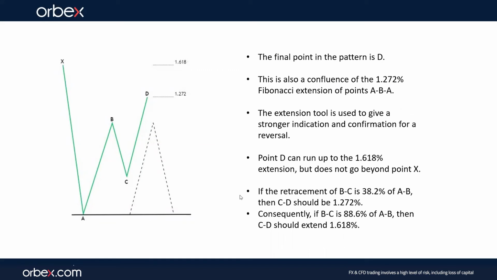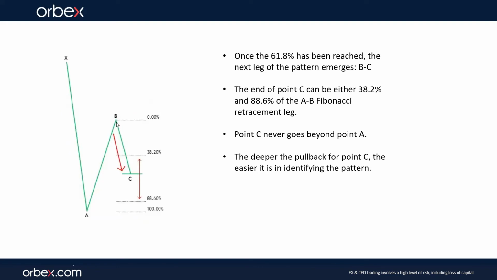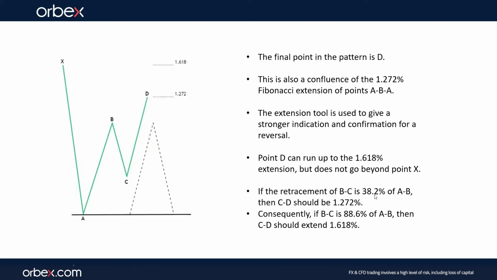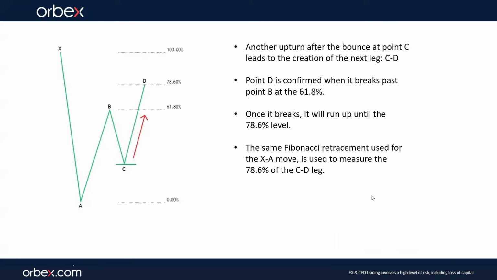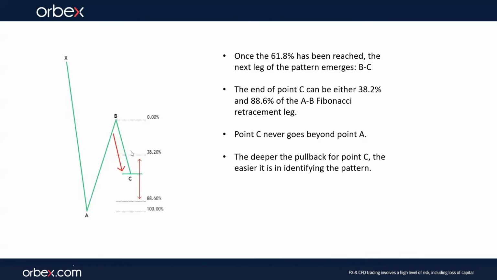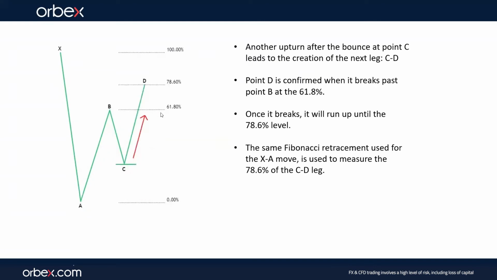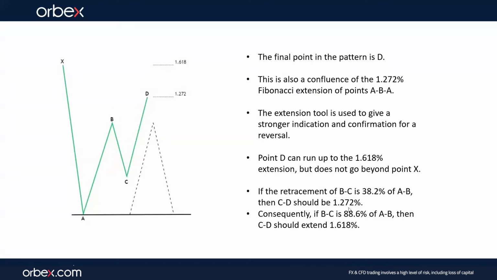So if the retracement of B to C leg is 38.2 of AB, then CD should be 1.272. So not to confuse you too much there, but what it's trying to tell you is if we finished here at 38.2%, then there's most likely more of a push to the 1.272.